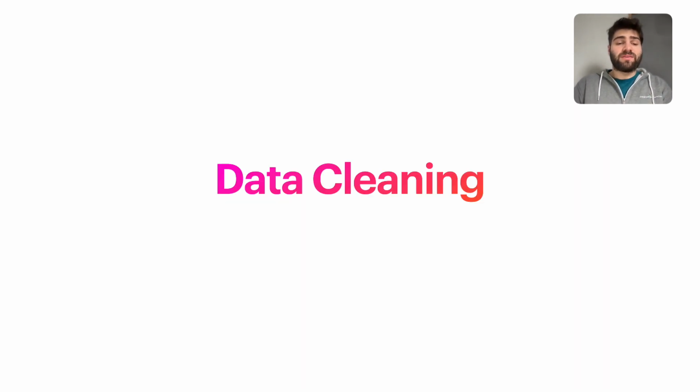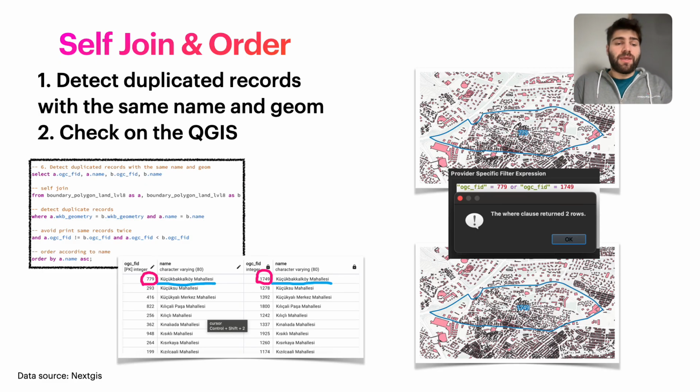I collected the data for my project and then I needed to clean some redundant and duplicated data. Here I detected some redundant data and provided it in QGIS. You can see the different records pointed to the same place on the right side of the screen. The critical parts here are the where conditions and self-join.